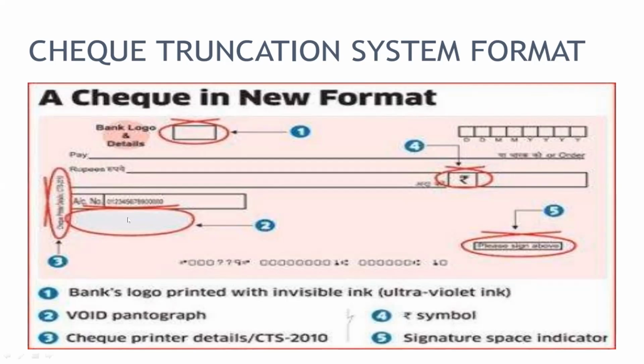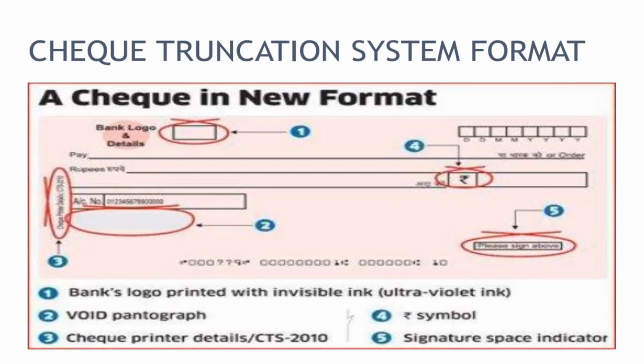Then if you see the account number, for the account number also there is some gray line where the customer's total account details are mentioned: account number, name and everything. The next one is the rupee. The amount that you write is also read properly and can be understood while the transaction is being made.